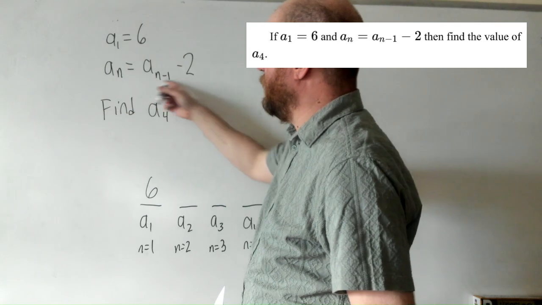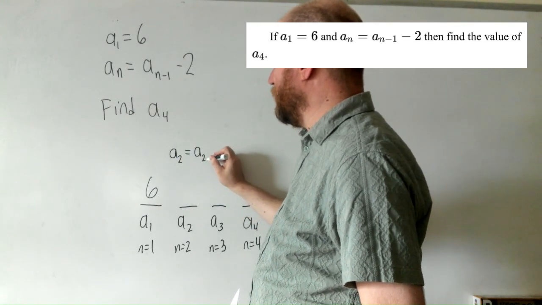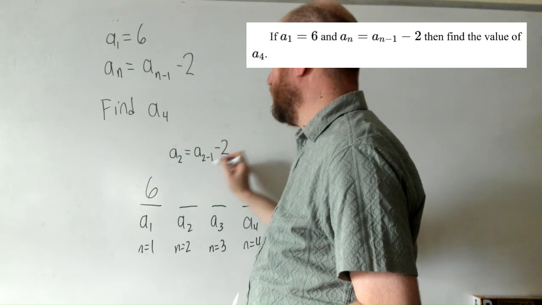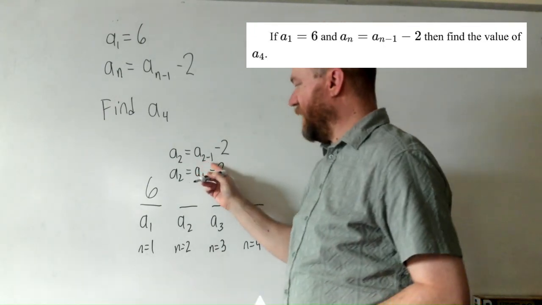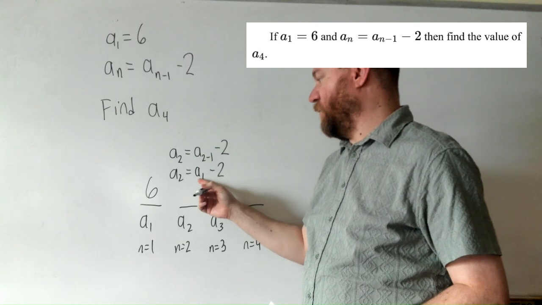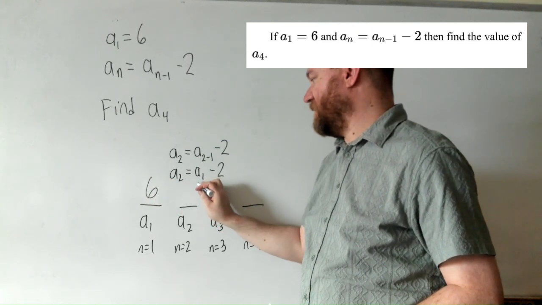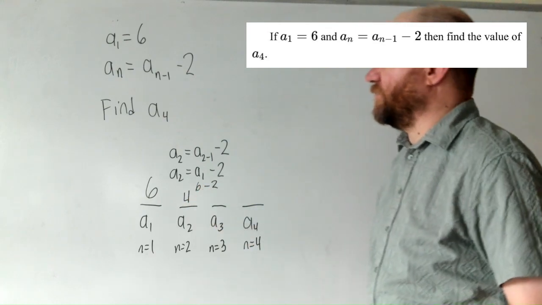The formula we will use is A2 equals A sub 2 minus 1 minus 2. A2 equals A1 minus 2, because 2 minus 1 is 1. When they ask us what's A1, we know the answer to that. It's 6. So I'm just going to do 6 minus 2. This works out to 4.